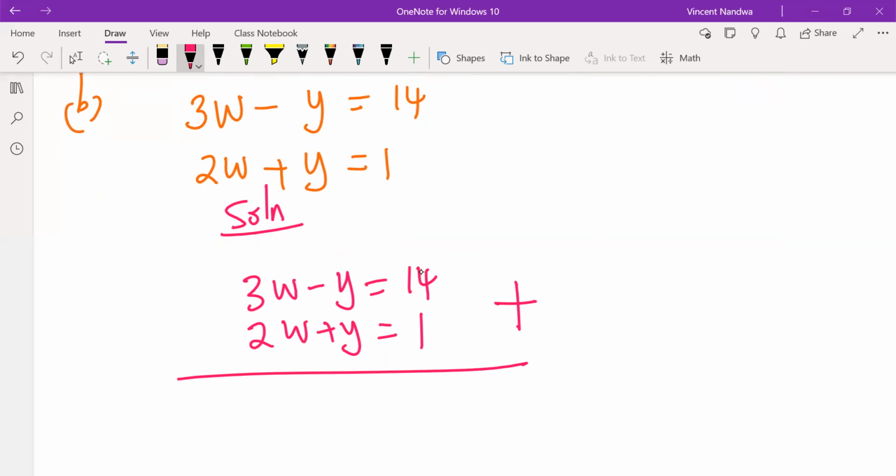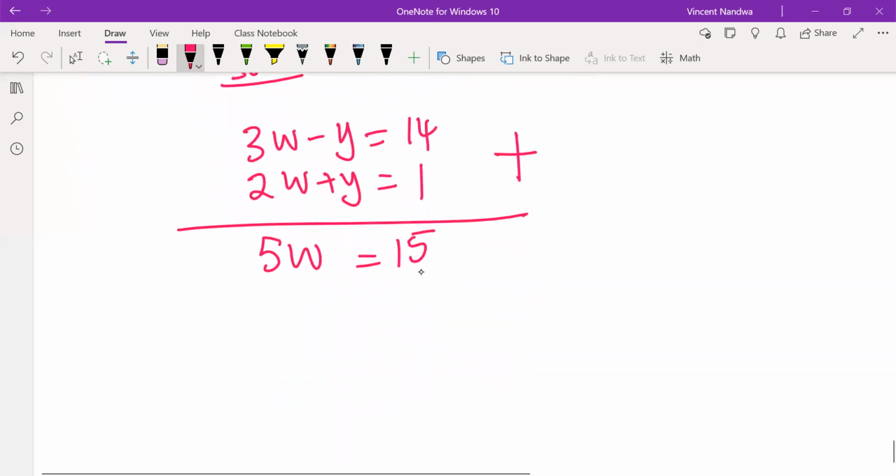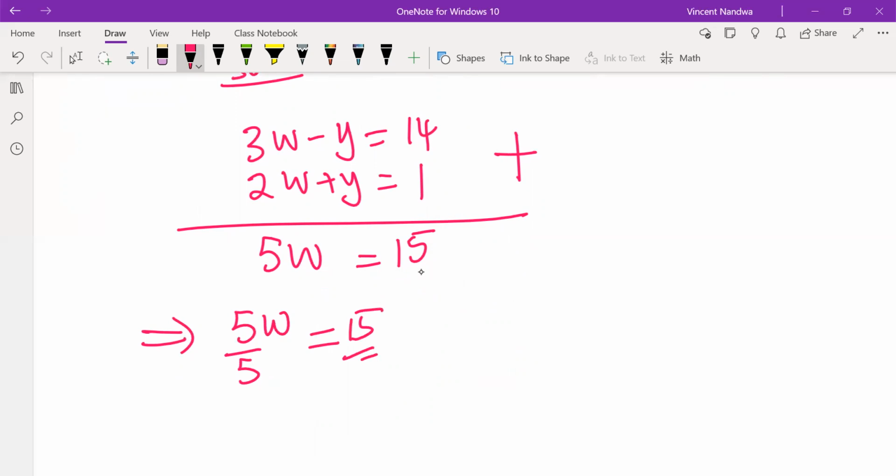So 3w plus 2w is 5w, minus y plus y is 0, 14 plus 1 is 15, which means to get w, you divide through by 5. So therefore, w is 3.